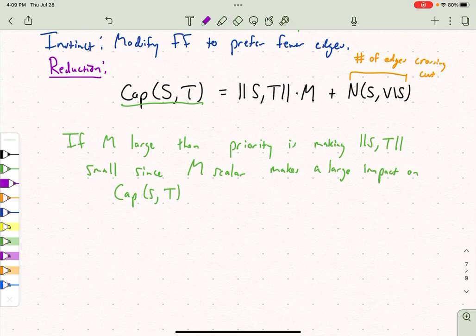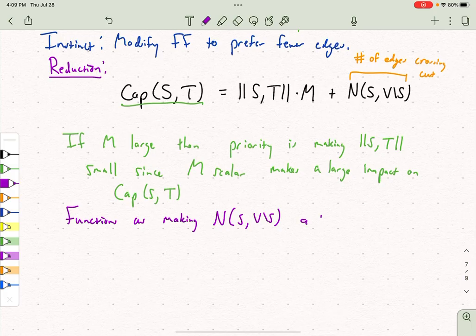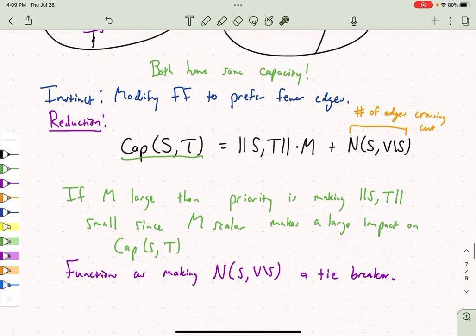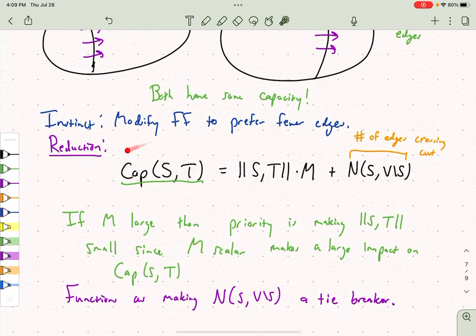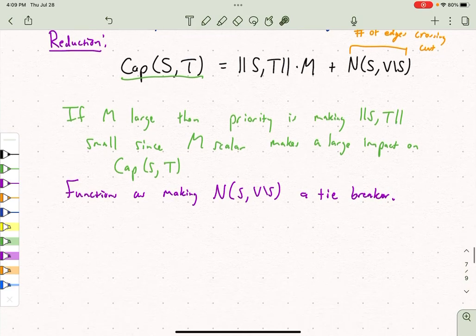So it functions as a tiebreaker. So that's the idea. And now what we could do is some kind of greedy thing where we prefer small capacities in Ford-Fulkerson, but we could actually just make a new graph.